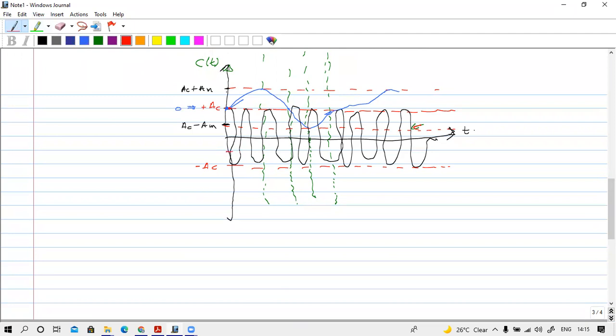So if I mark this, this point is minus AC minus AM, and this point is minus AC plus AM.